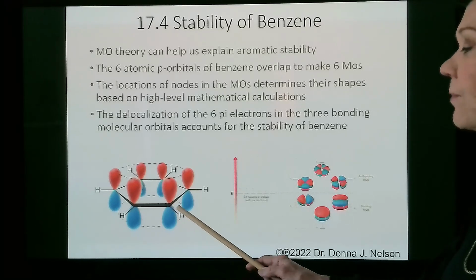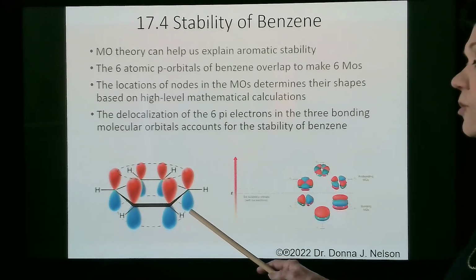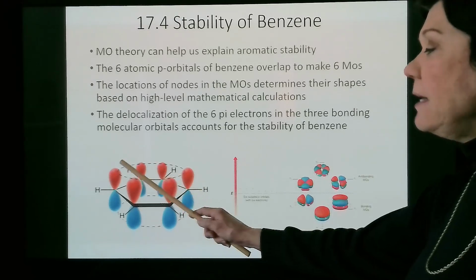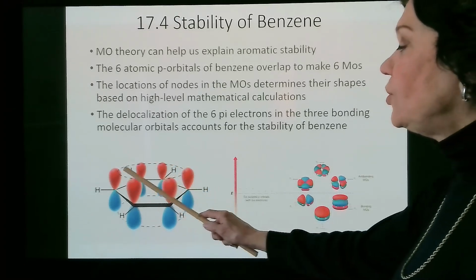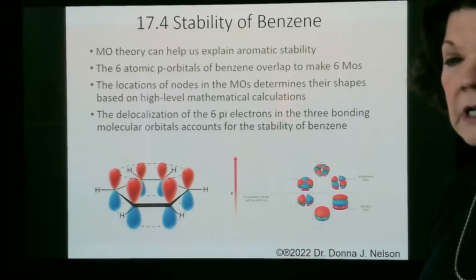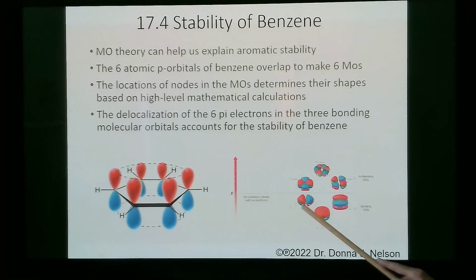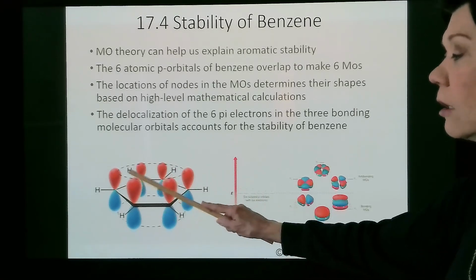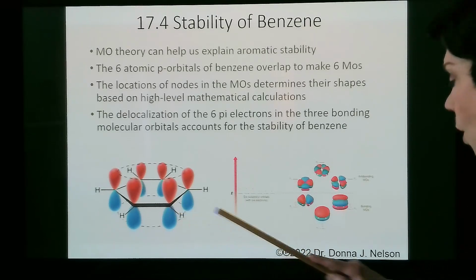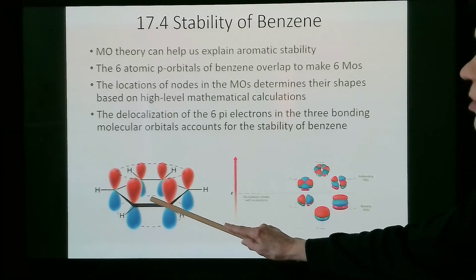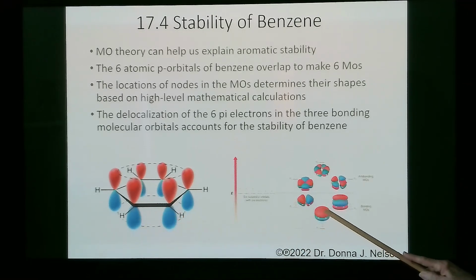Now over here, this is a molecular orbital, but it's an approximation made up of 6 atomic orbitals. So these are the atomic orbitals which are taken together to create 1 molecular orbital. This is the atomic orbital representation for Psi1.